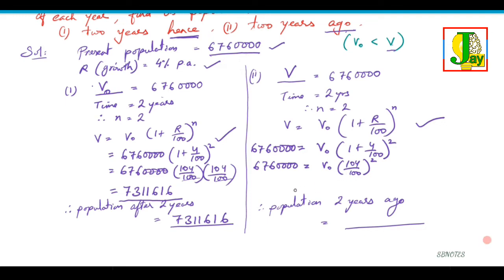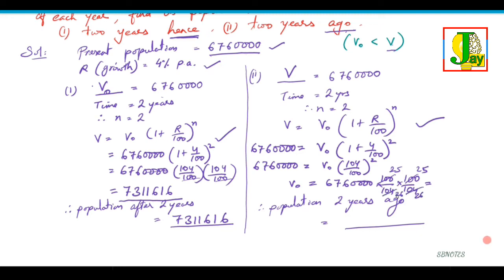Now we shift and we get V naught equals to 67,60,000. Now the numerator comes here, this goes 25 and 26.